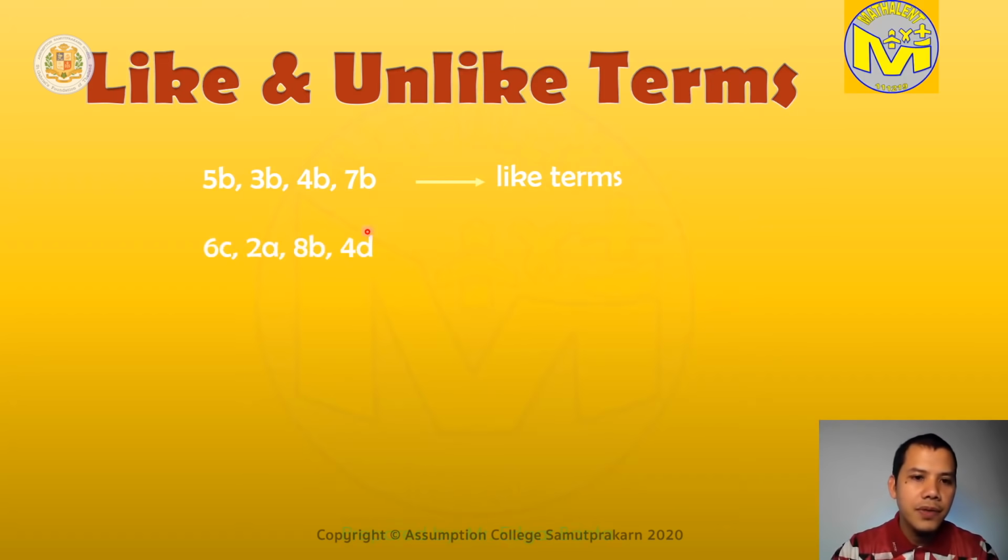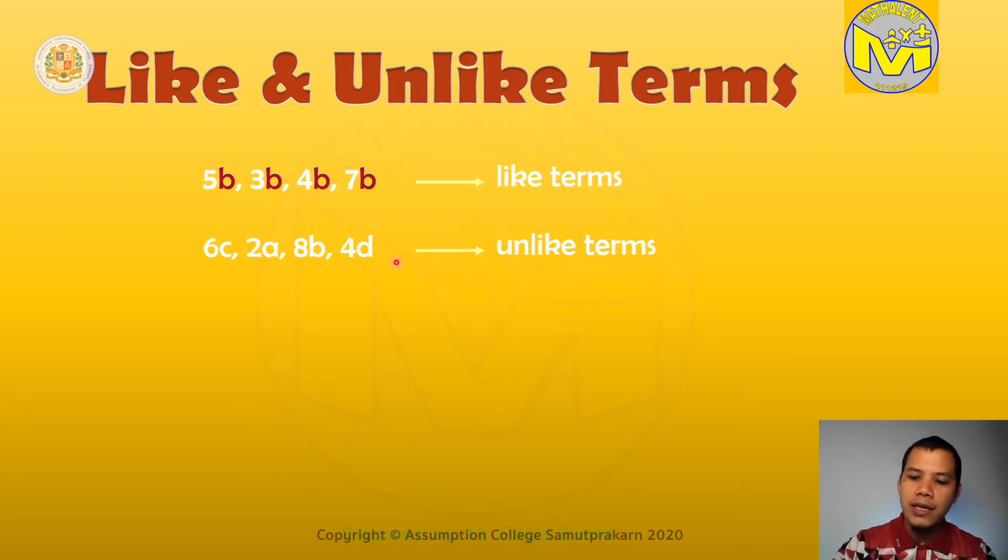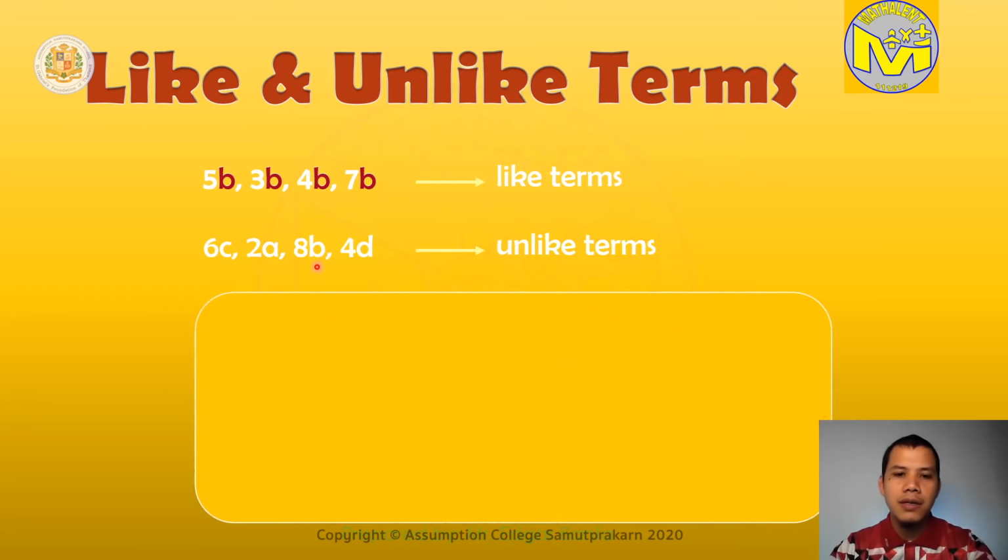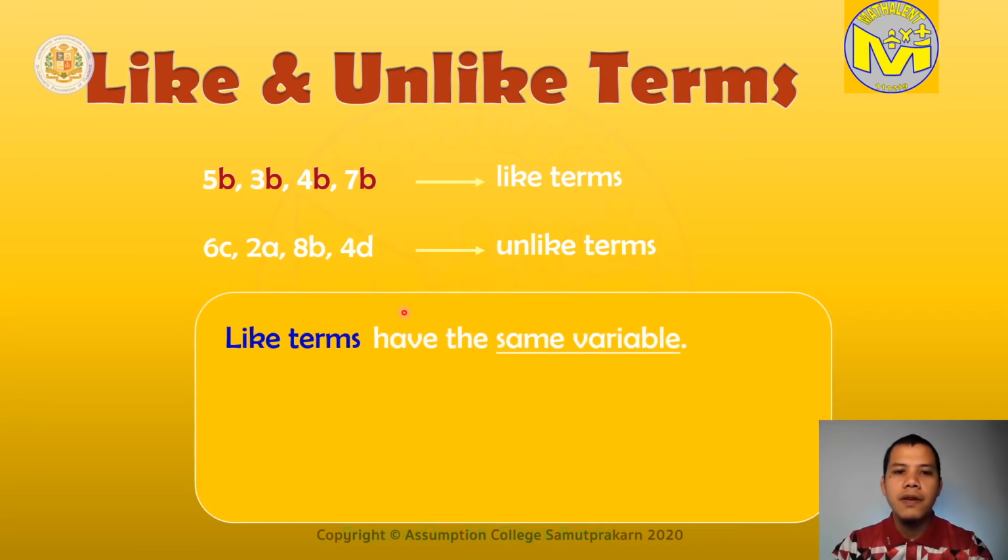The next group of terms are 6c, 2a, 8b, 4d. These are called unlike terms. Maybe you are asking why. Here is the meaning of like terms.